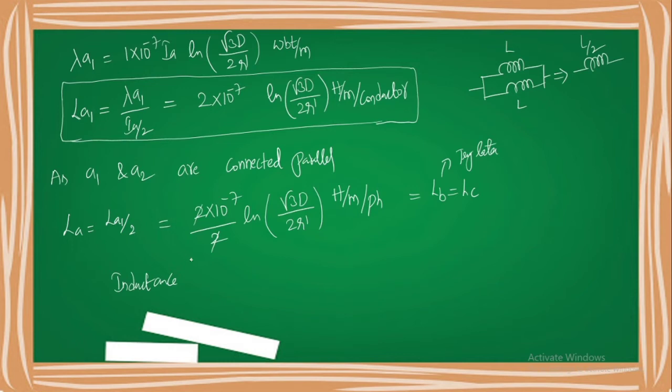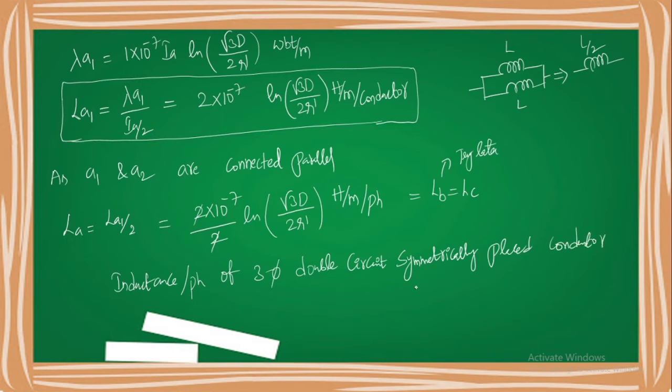Now the inductance per phase of a three-phase double circuit hexagonally spaced conductors, or three-phase double circuit symmetrically placed conductors, is given by the value which you can remember easily.